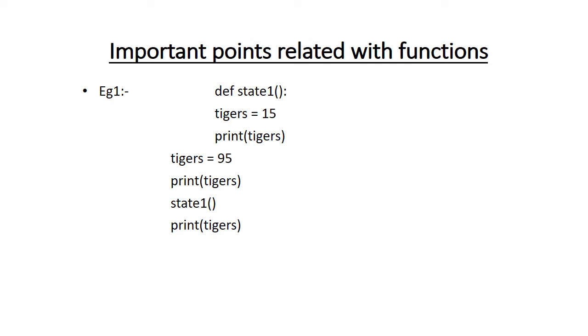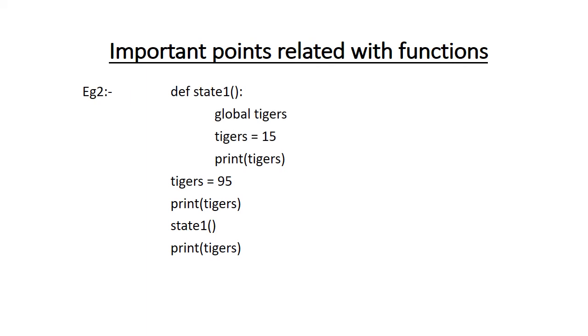Now the value of tigase is 15 and it will print 15. Again, coming back to the main program, print tigase. Since that tigase equal to 15 is confined within the function, it won't change the value of tigase outside the function. The last statement, print tigase, will get the value 95 itself.